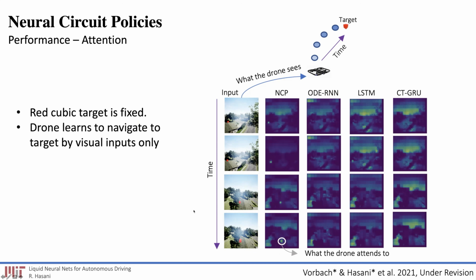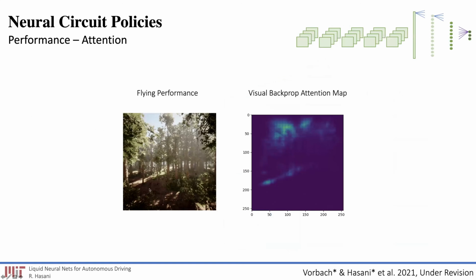The objective was to learn how to go, it's an imitation learning scenario in AirSim where you want to navigate towards a target, and you want to teach that to a drone just from visual data. When we do that, you see that this is the type of attention that you get.